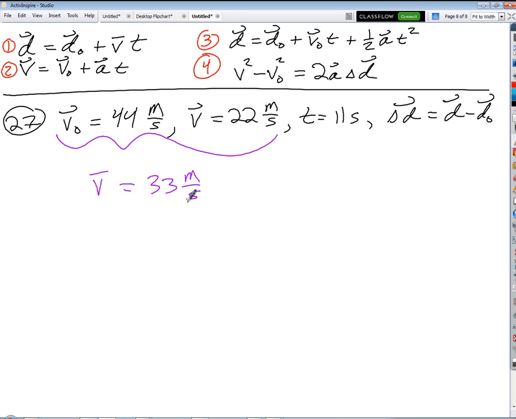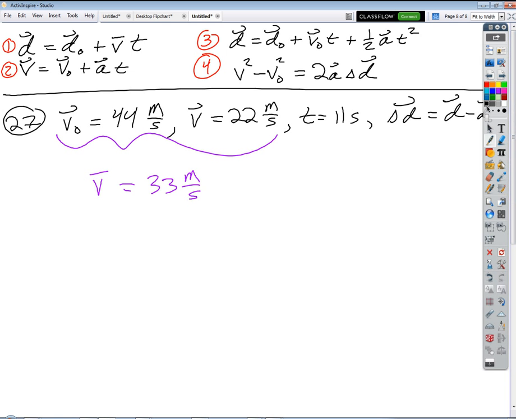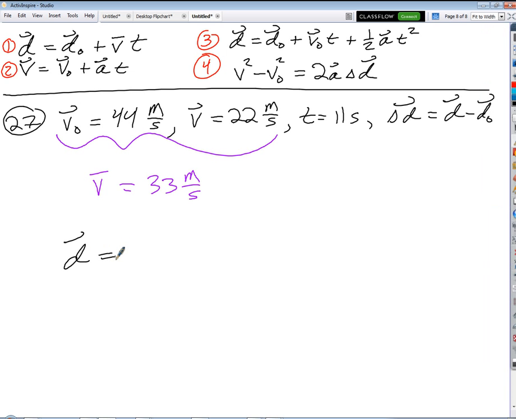That first equation becomes awfully useful then, doesn't it? So the first equation, if we write that down, position equals, what did we say initial position was? 0. So just forget it, we don't even have to write it. V bar t. So it's simple. What's all we have to do to solve for t? Yeah, divide both sides by V bar.